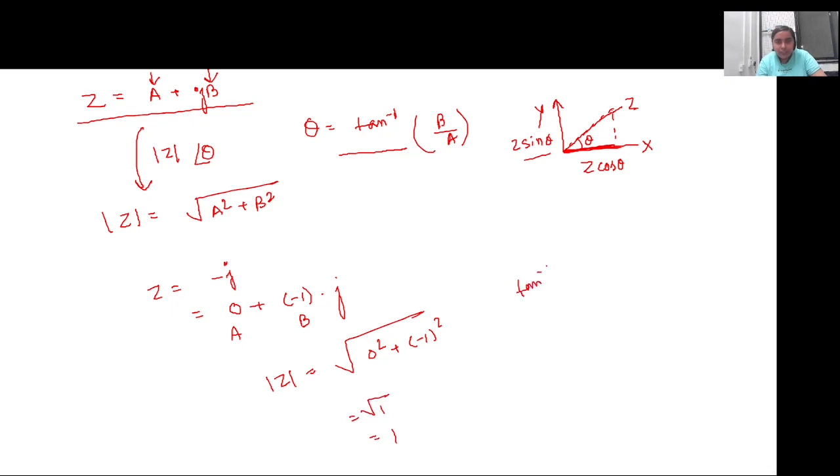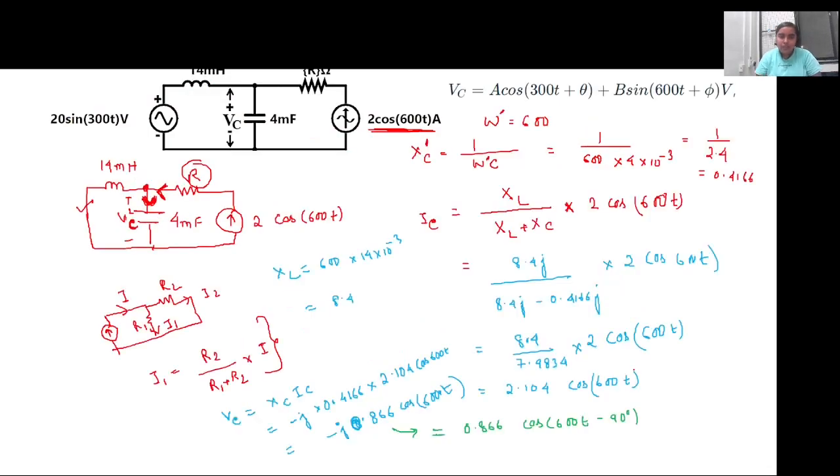However, theta will be equal to tan inverse of b upon a, so it is minus 1 by 0. So theta is equal to tan inverse of infinity, but this is minus infinity, so it is minus 90 degree. Got it? So instead of that, we are simply putting this minus j directly as minus 90 degree.